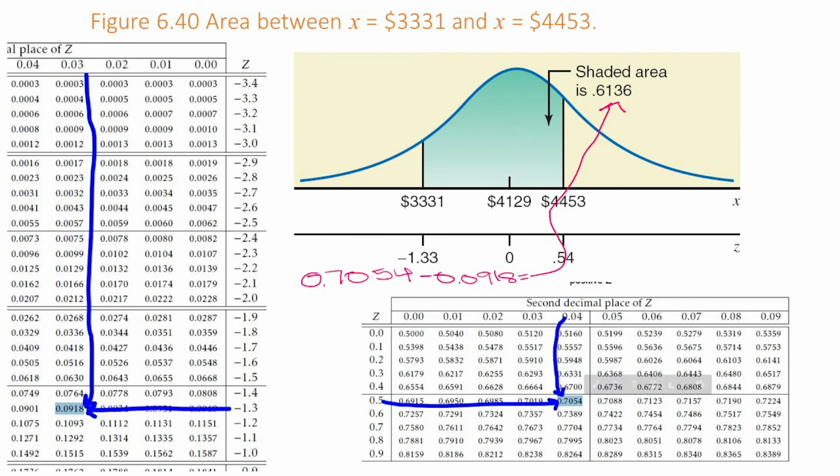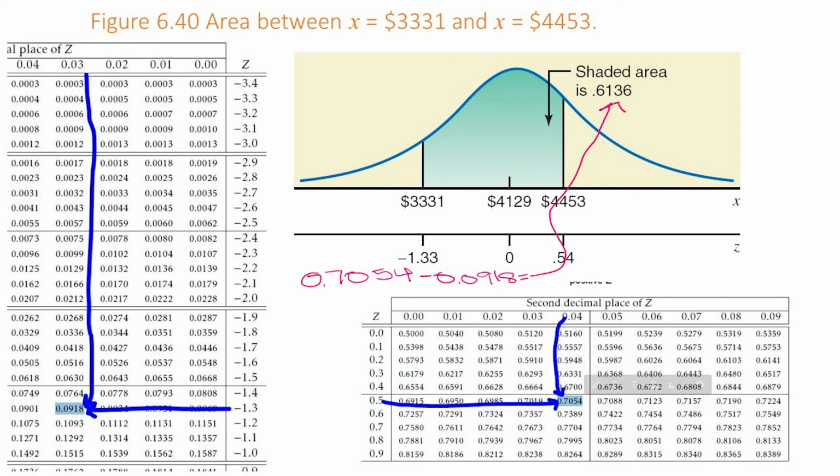We can find the negative 1.33 in our table, going down to 1.3 and then across to 0.03, and that is 0.0918. So the area to the left of 3331 on the curve is just more than 9% of the area under the curve.